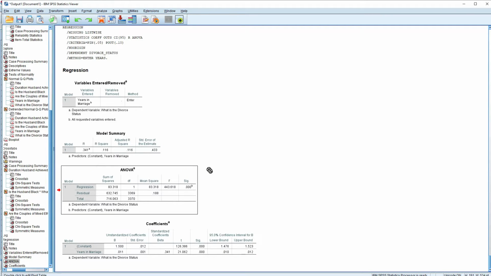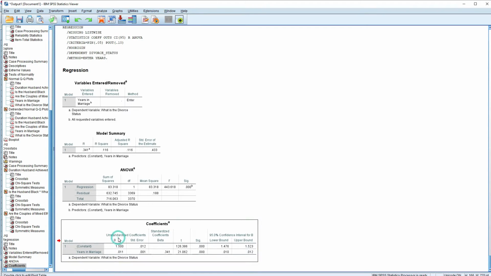So the ANOVA conducts the regression analysis, and this gives us the summary of the ANOVA. What we are interested in are the coefficients in the ANOVA. So the constant value is 1.5, while for the years in marriage, what we need here most is this unstandardized beta value.